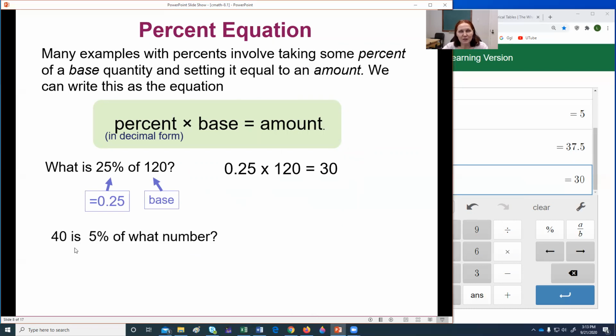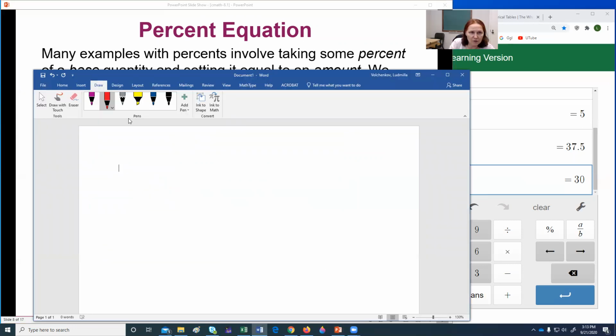40 is 5% of what number? So in our percent equation, we know the amount, but we do not know the base. 5% of what number, let us call it B, base is the amount 40.